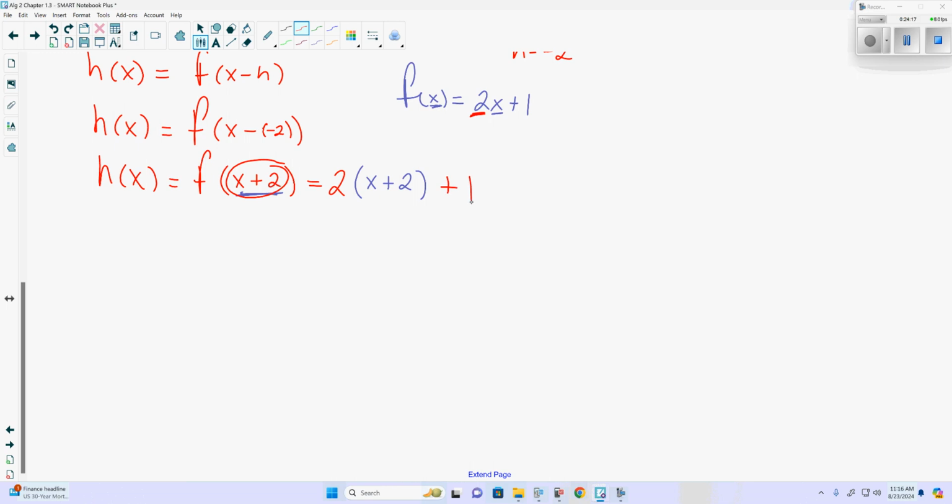So really, h of x is equal to f of x plus 2, that transformation. Well, f of x plus 2 is equal to 2 times x plus 2 plus 1.